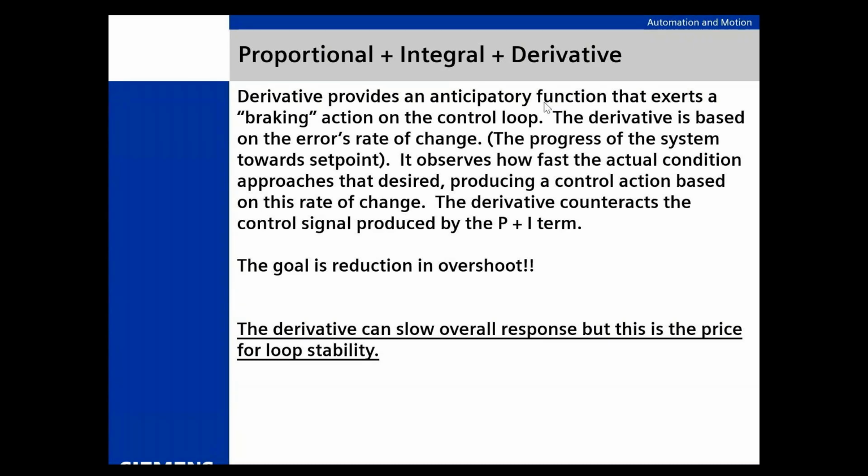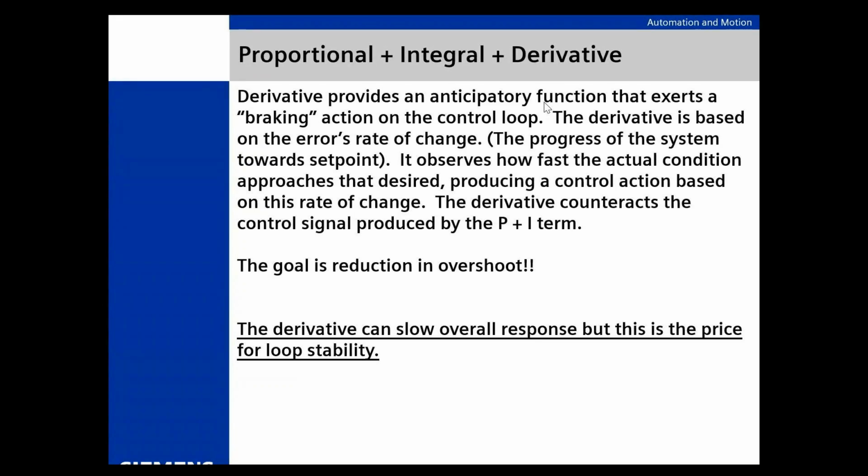Okay? Now, the bottom sentence is one of the things you need to take away from this. It will slow the overall response. But again, like we talked about earlier, that's the price you pay for that stability. That's the price you pay for that accuracy. I want this to be dead on. Well, I'm going to have to slow it down a little bit.